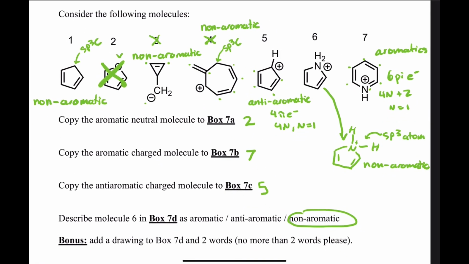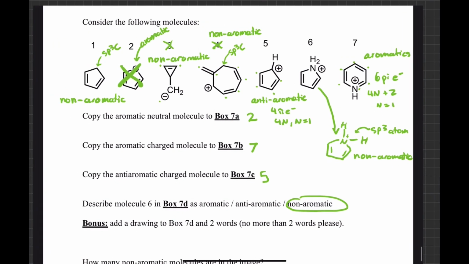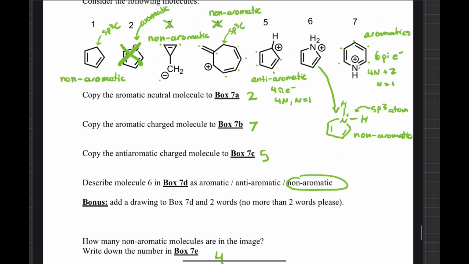And this was aromatic, so that's not part of our option. Okay, and if we count the total number of non-aromatics, we have 1, 2, 3, 4. 4 non-aromatics. And that completes problem 7.